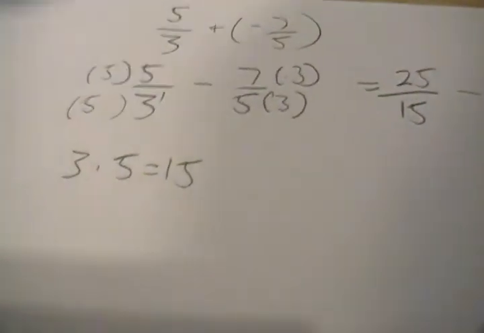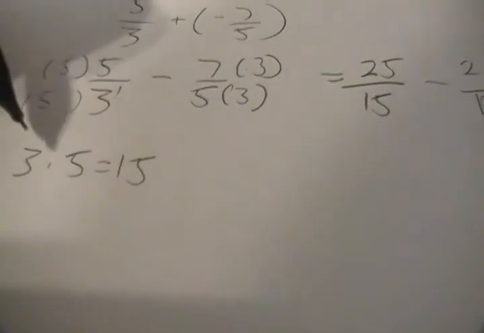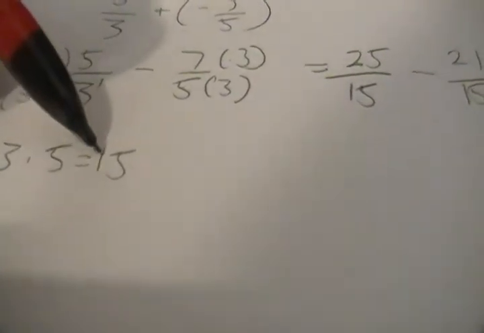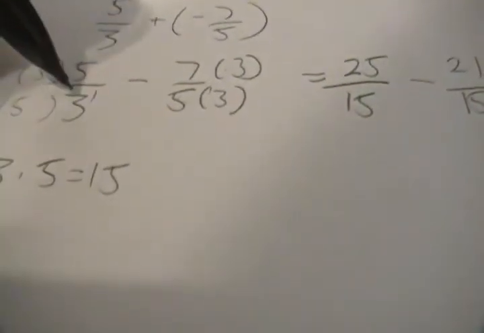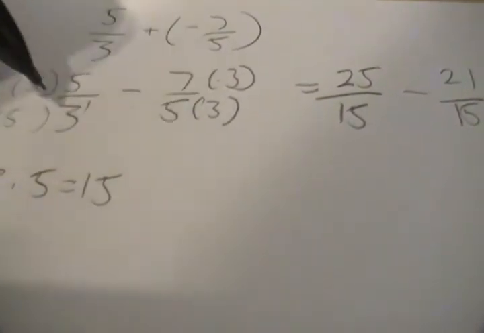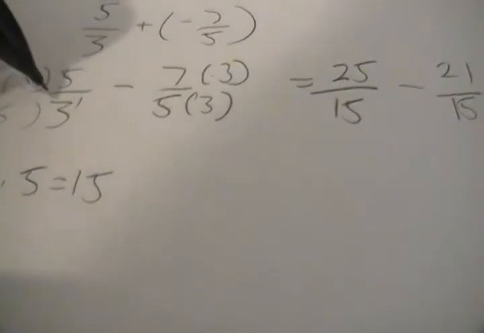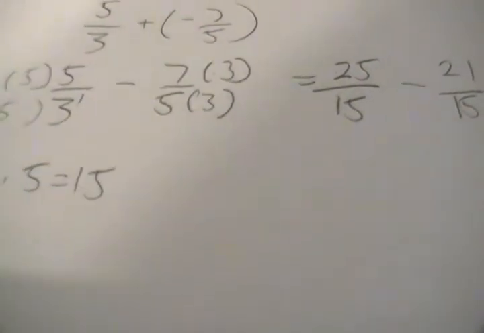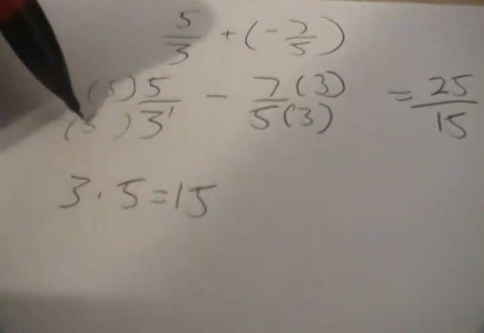So again, the process of this LCD is we find the least common denominator, which is 15. We have to make the denominators of both of these fractions 15. To make 3 turn into 15, we multiply it by 5.